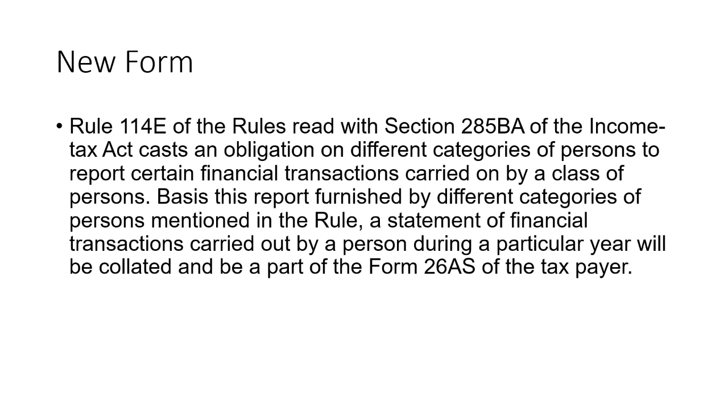A lot of authorities are required to submit information to the income tax department under Rule 114A read with section 285B of the Income Tax Act, so that the department will incorporate the details in 26AS.